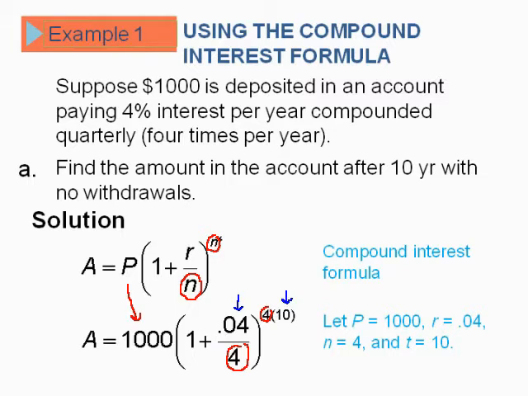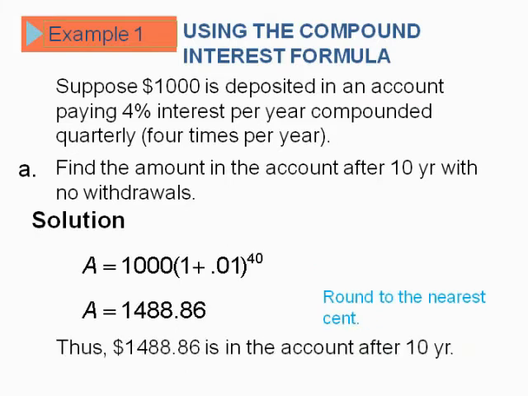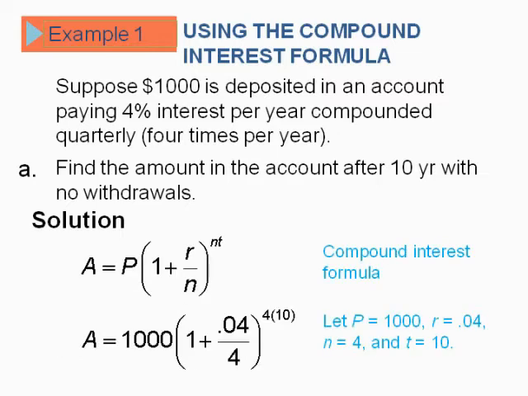Now, let me warn you, when you put this in your calculator, be careful. I would try to put the whole thing in one shot. Notice that the calculator does what's in the parentheses first, which sometimes works and sometimes doesn't. Since we had a nice number here, like 0.04 divided by 4, it worked.